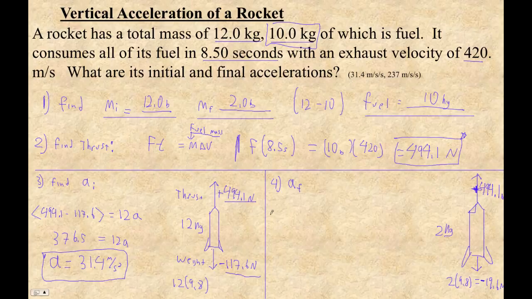And now we'll set up our little equation here. 494.1, this is Newton's second law, by the way, is what we're doing here, right? Minus 19.6 is 2 times A, okay? So notice that 2 things change. I mean, it's really one thing, but it's causing 2 changes in the equation.